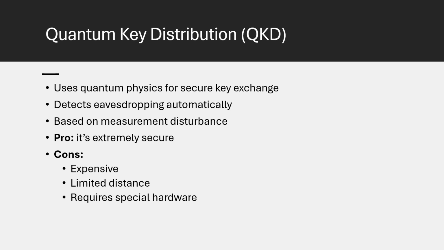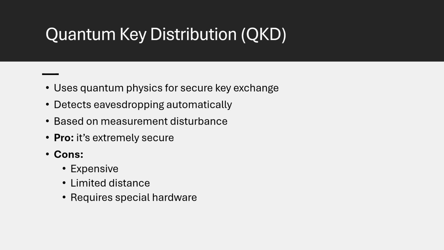They are received by the receiver, who is randomly measuring all the photons, making guesses for whether it's horizontal, vertical, or diagonal.